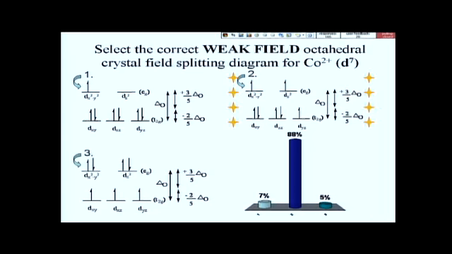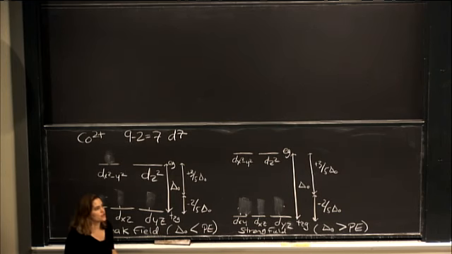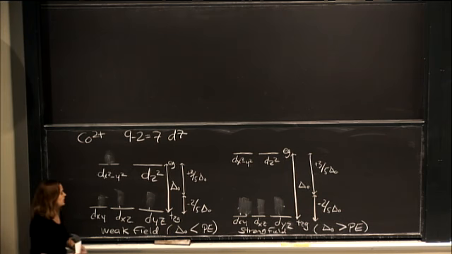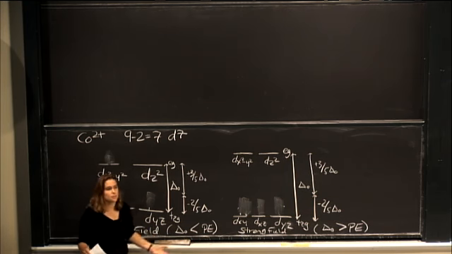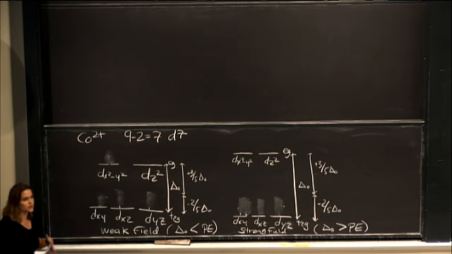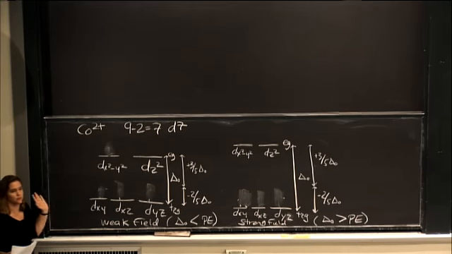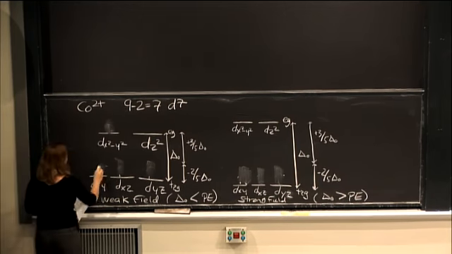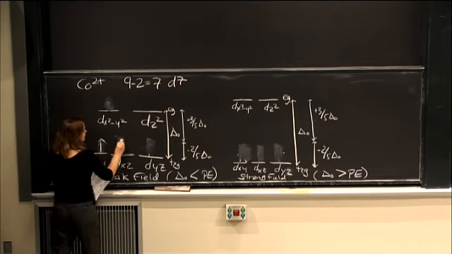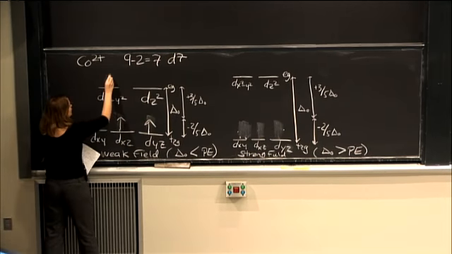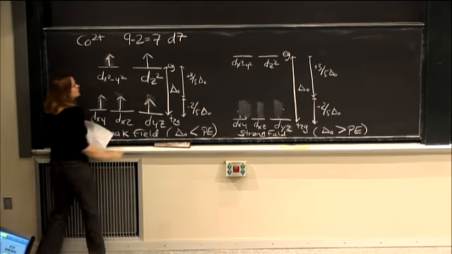OK, very good. So this is the weak field case. In this case, we are going to fill up singly all of the orbitals because the splitting energy is less than the pairing energy. So we're going to put them to the fullest extent possible before we have to pair. So we have 7. So we're going to do 1, 2, 3, 4, 5.